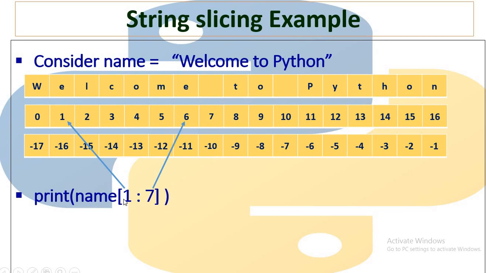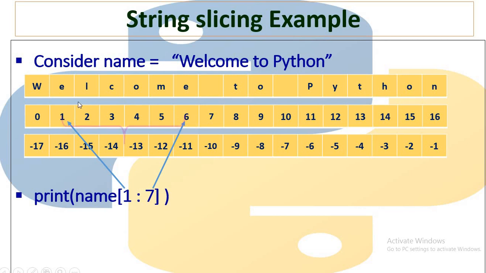So in slicing, start is included and end is excluded. We are not taking the end, but we are taking the one previous to the end. Whenever I am writing 7 it will reach up to 6. When I am writing 11 it will reach up to 10. So 1 to 7 means printing characters from 1 to 6.